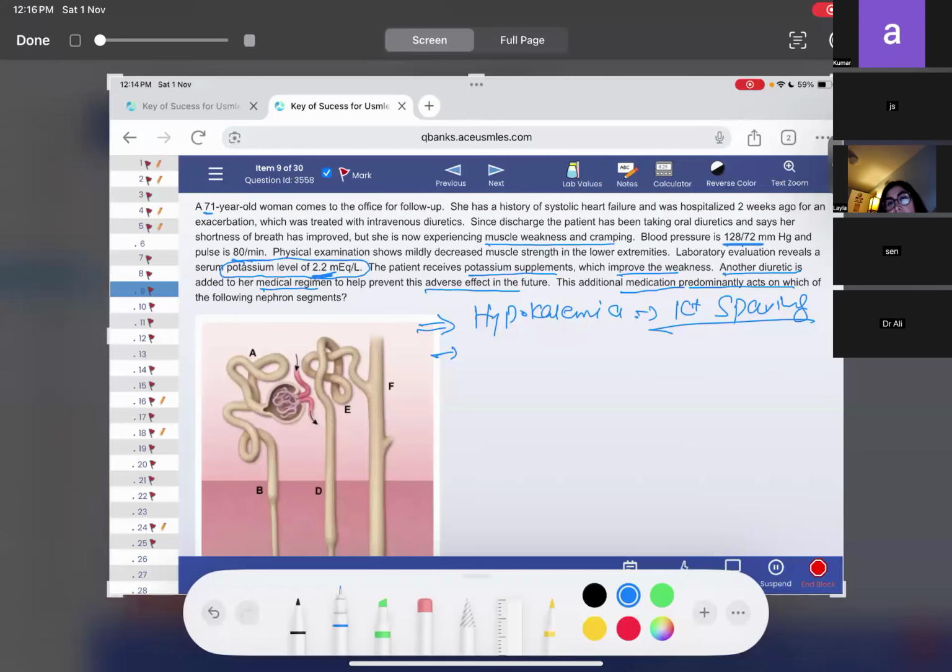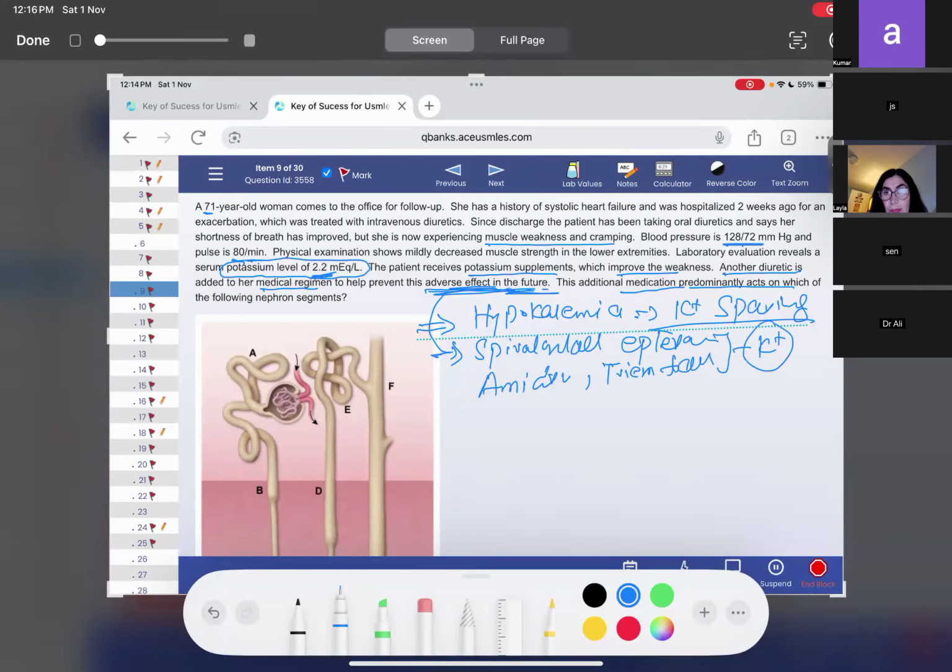After that they have given another diuretic to prevent the adverse effect of hypokalemia. So most probably they have given either spironolactone, eplerenone, amiloride or triamterene, because all of these are potassium sparing diuretics.